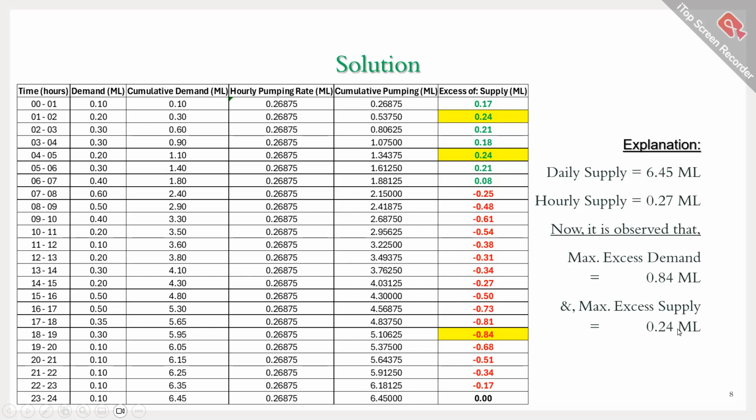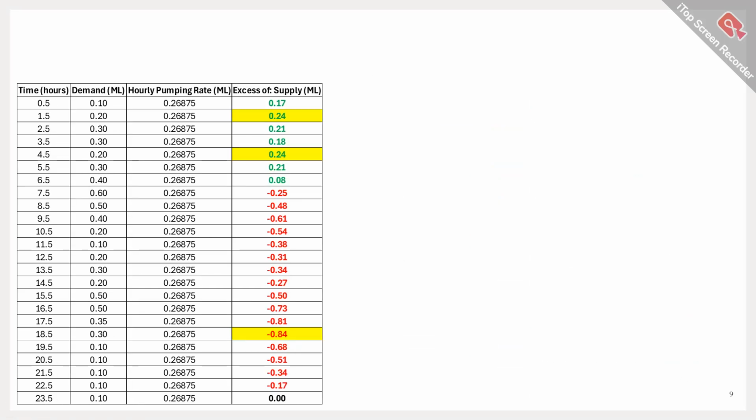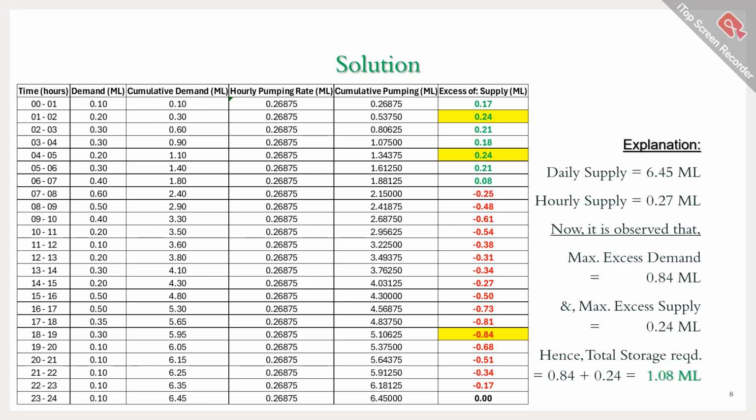So the total storage required, as asked in the question, will be the maximum excess demand, 0.84 megaliters, plus the maximum excess supply, 0.24, which equals 1.08 million liters, approximately 1.1 megaliters.